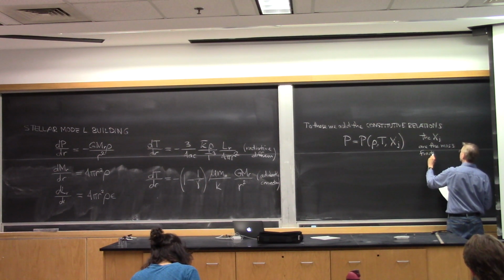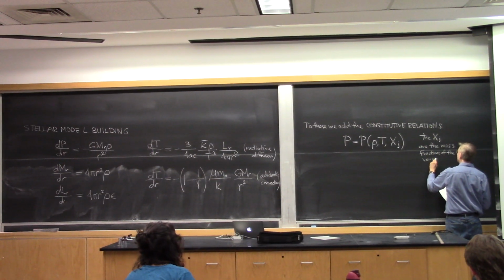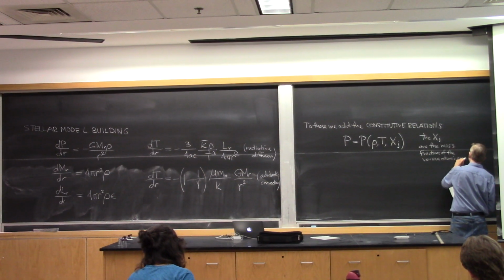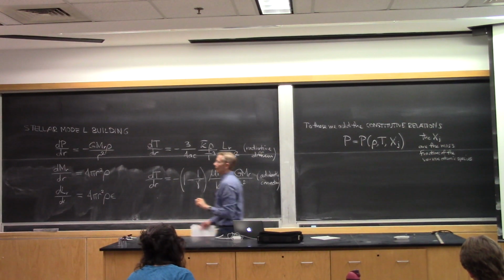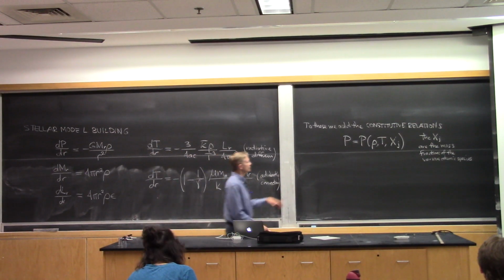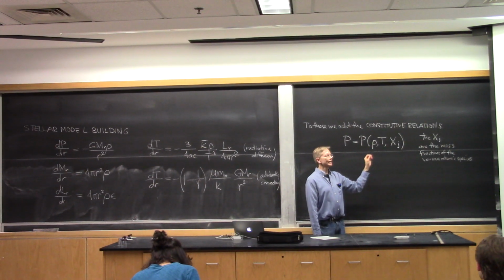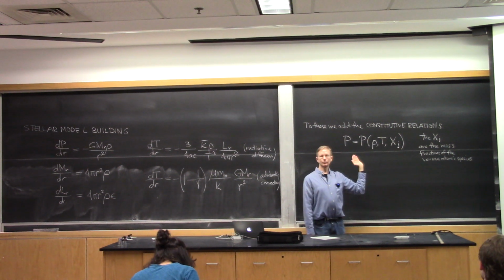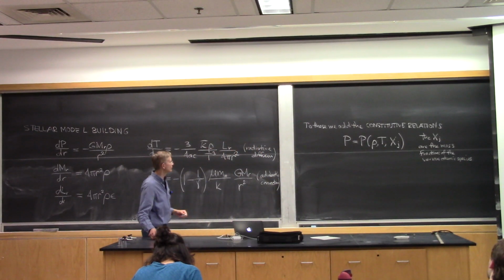So in other words, what we're saying here is the pressure is, we haven't specified what it is at this point, but it's some function. This is saying, if you tell me the local density, the local temperature, and what the gas is made of, I can tell you the pressure. There is some formula that gives the pressure as a function of those local conditions.